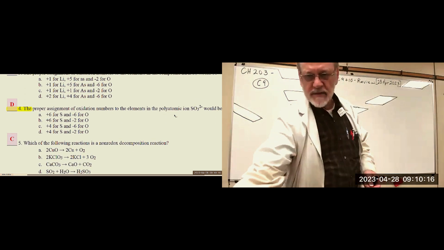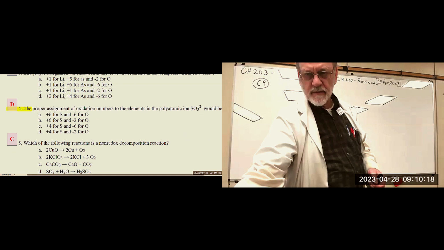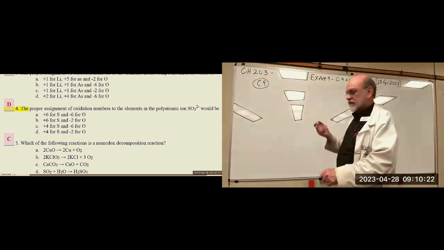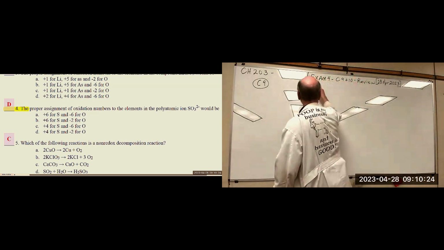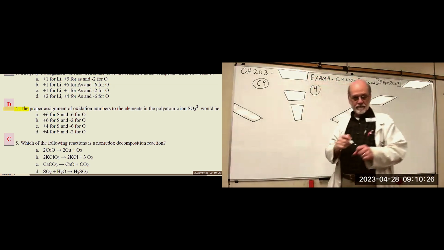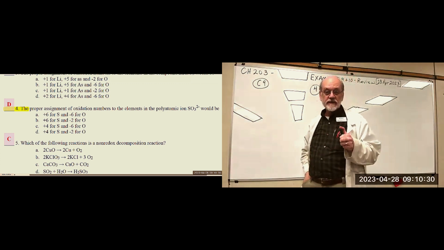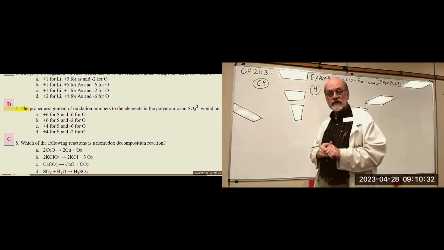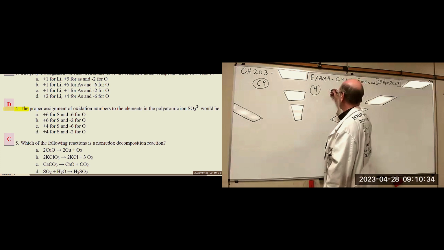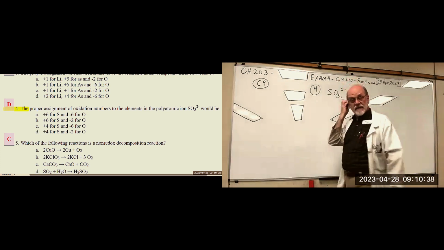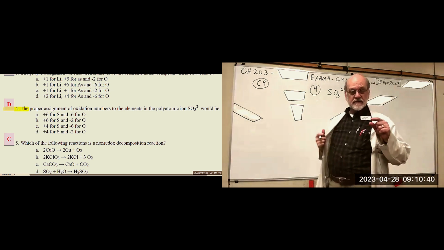Number 4. Let me see if I want to be sure I'm not chopping something off over there. Yeah, okay, we're good. Number 4. The proper assignment of oxidation numbers to the elements in the polyatomic ion SO3 2-. Okay, oxidation states.